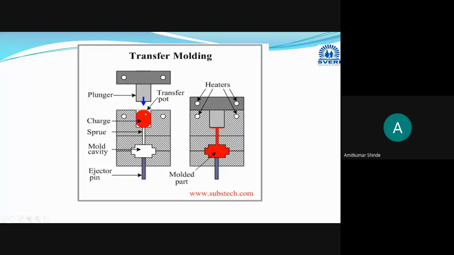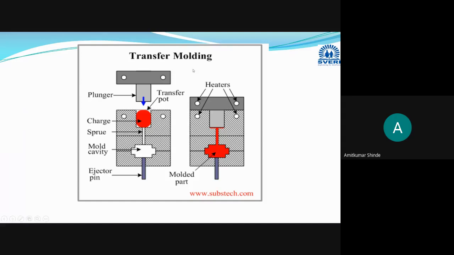Initially we take the charge or preheated raw material in this chamber, which is the heating chamber, also termed the transfer pot. With the help of heaters provided here, we heat the charge so that it becomes soft in nature.